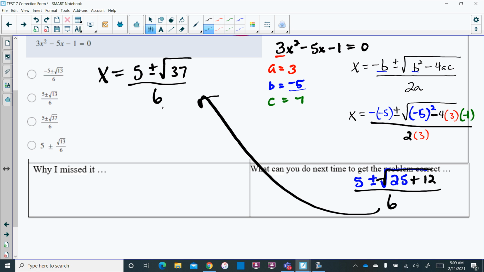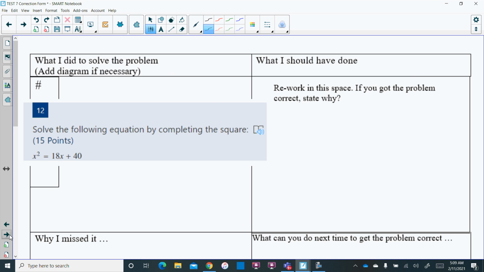So notice that it had to be all over 6. So this one wasn't right because it separated the two. We should have got to here. Okay. So I needed to see the work, see the plugging in, and the simplification, following basically PEMDAS to get to the answer choice, to show that you got to that answer choice.